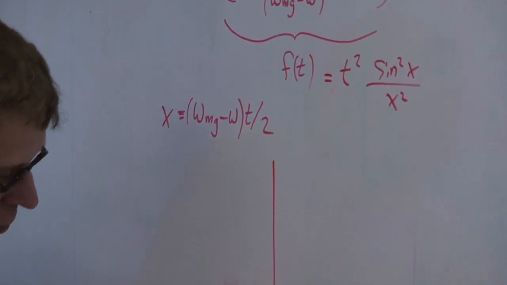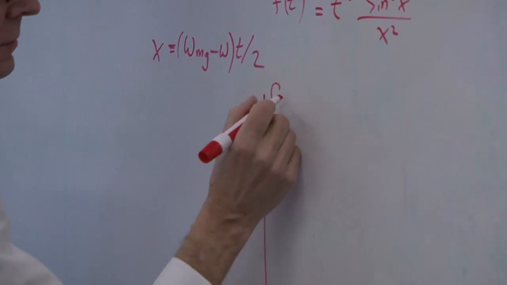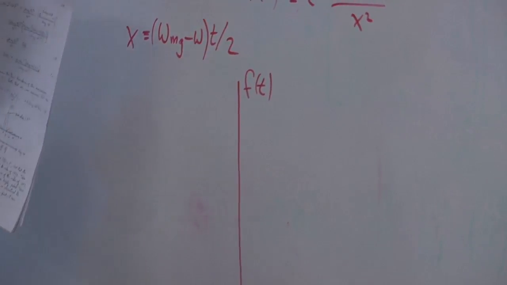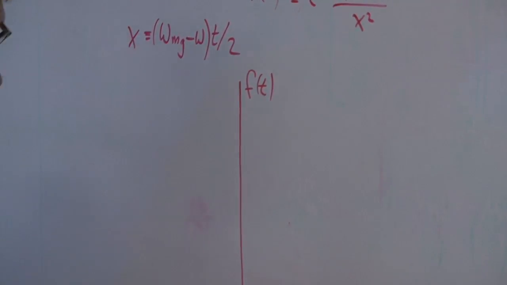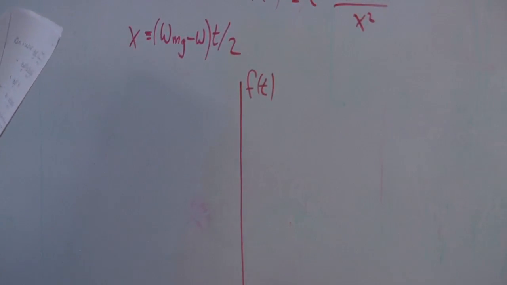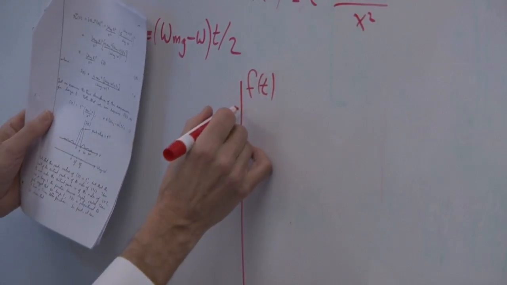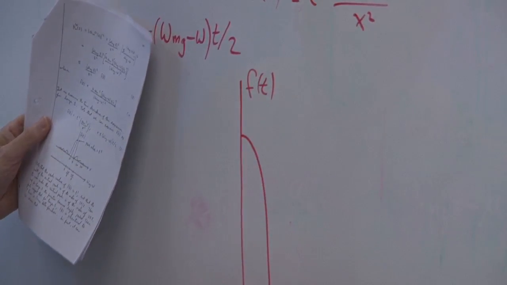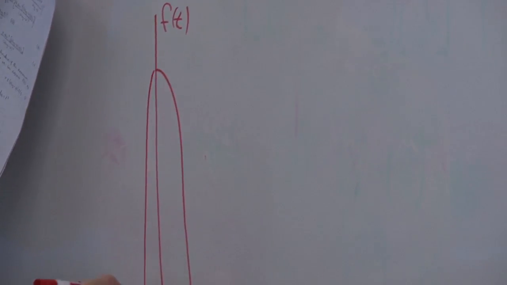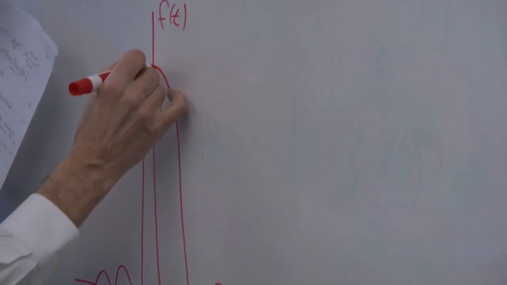Now let's plot f of t as a function of x, and we get a curve. Oh, it's a sinc squared curve, so it's going to look something like this.